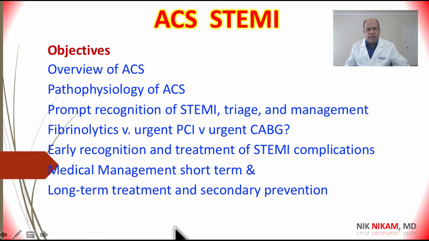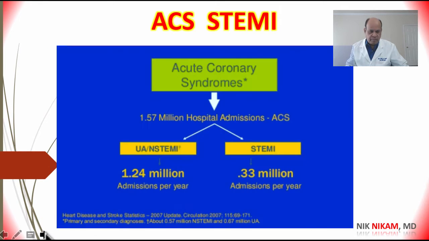The objectives of this presentation include an overview of acute coronary syndrome, pathophysiology of acute coronary syndrome, prompt recognition of STEMI, triage and management, fibrinolytics versus urgent PCI versus urgent coronary artery bypass surgery, early recognition and treatment of STEMI complications, medical management, short-term and long-term management with secondary prevention of further cardiovascular events.